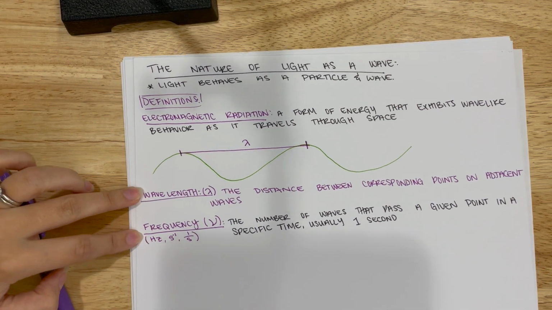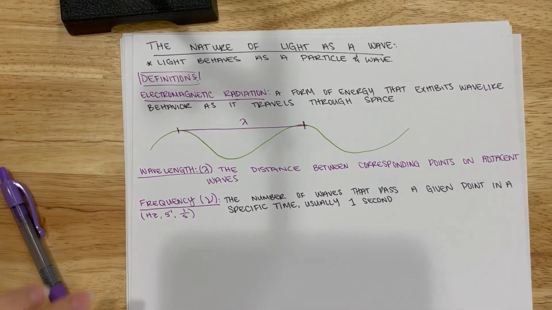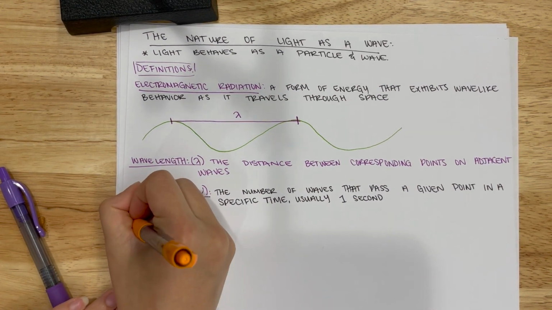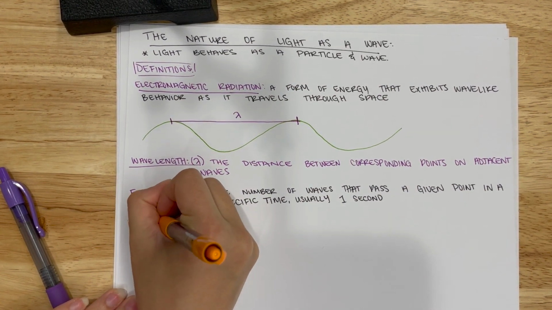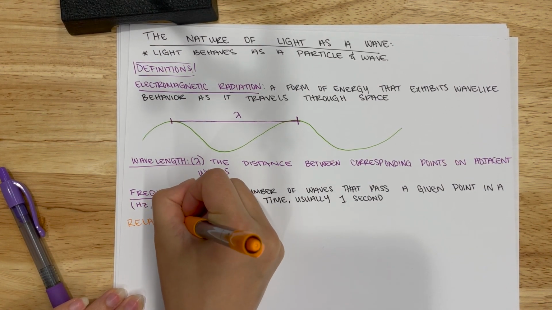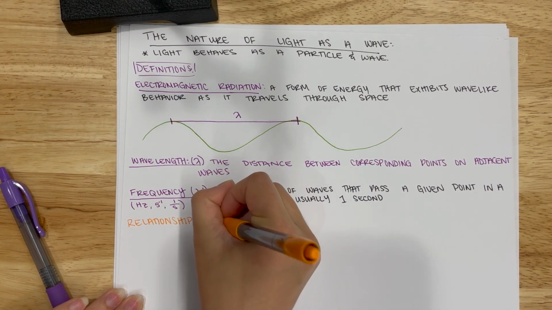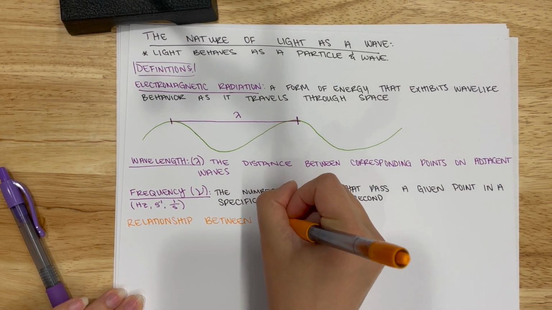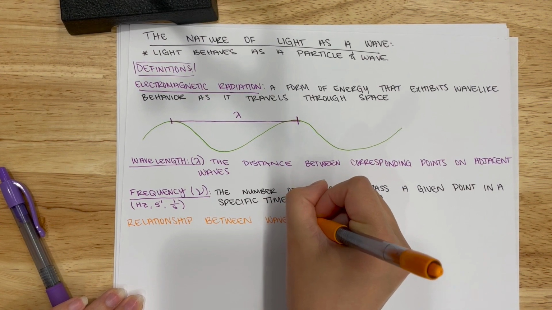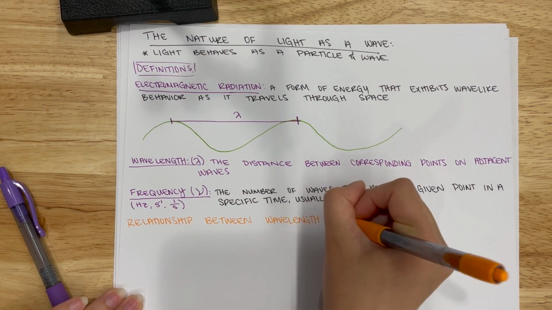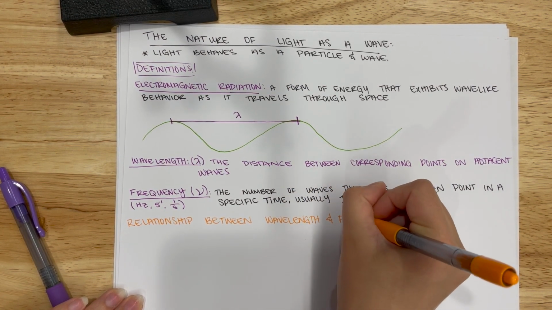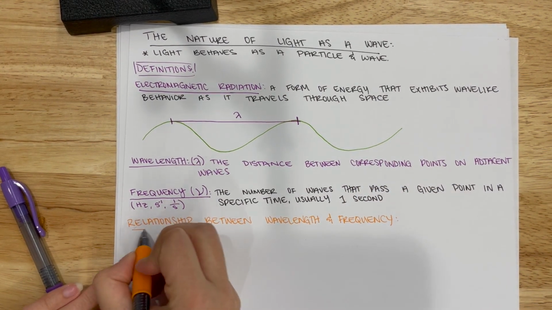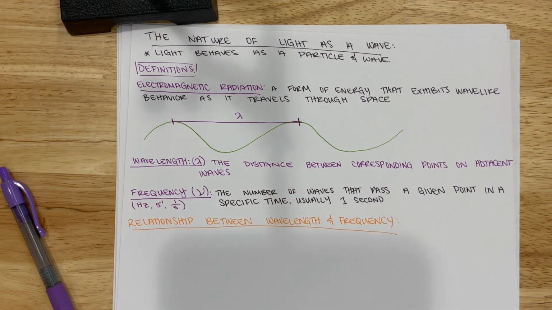Okay, so we have two variables here: our wavelength and our frequency. What we're going to do is relate these two things. So we have a relationship between wavelength and frequency. You should have learned about this relationship last year, but if you didn't, that's okay.